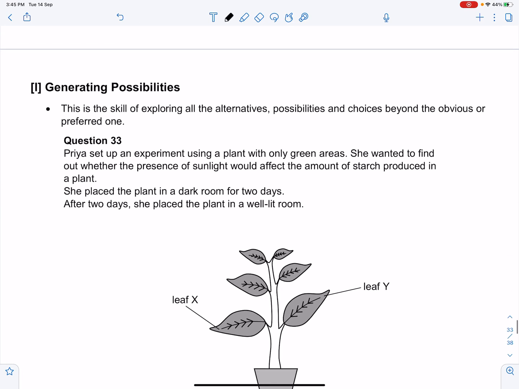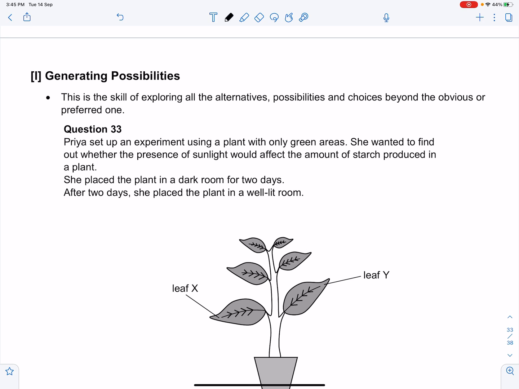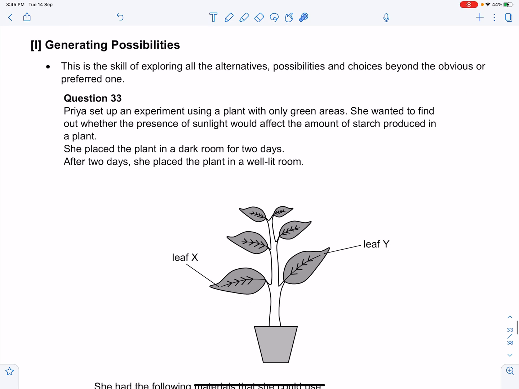Moving on, generating possibilities. This is something that is new. Generating possibilities talks about exploring other alternatives, new methods, and possibilities beyond the obvious or preferred one. Let's take a look at this. Priya set up an experiment using a plant with only green areas.